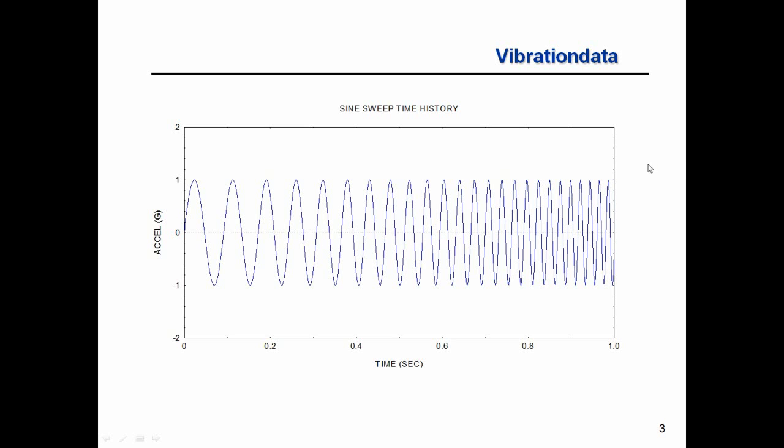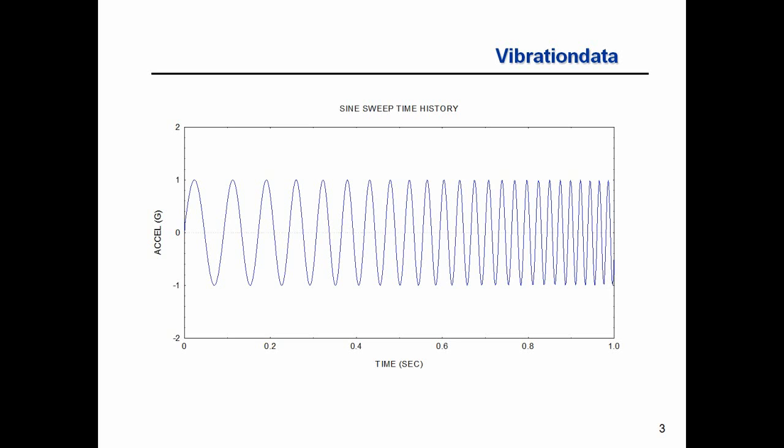Now, we could also talk about how our equipment responds to this sine sweep. And even though there's only one excitation frequency at a given instant, there could be two or more natural frequencies or modes being excited.